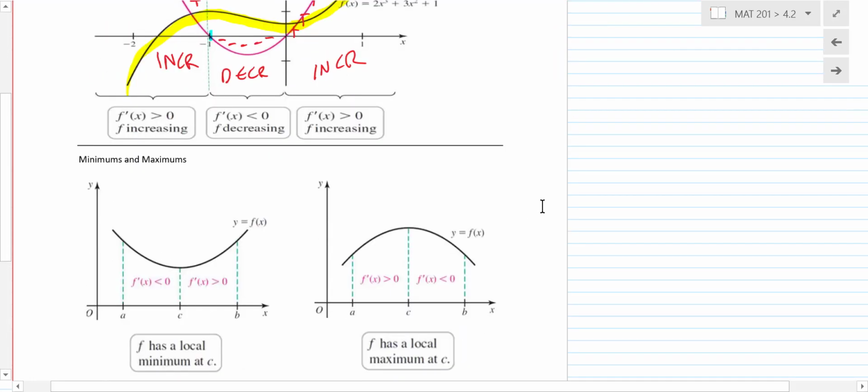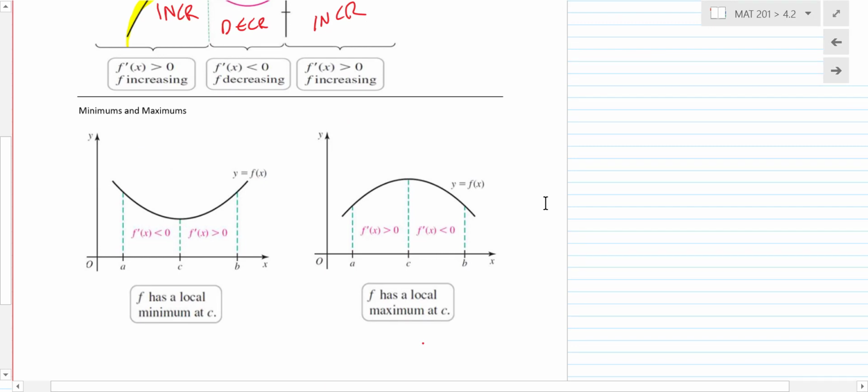Okay? All right. Now, what we're going to jump into here a little bit next is looking at minimums and maximums. We've talked about this a little bit. Then we're going to talk about what we mean by the first derivative test. So here's kind of an idea. This would be a local minimum at C. And if you did your sign chart, notice the derivative is negative when you're decreasing, right?